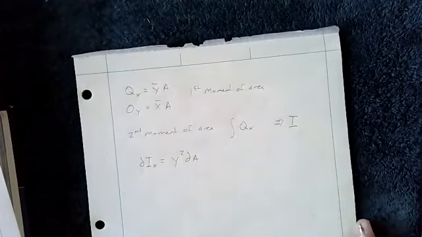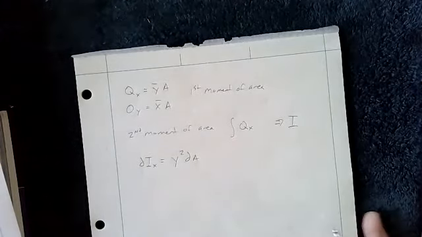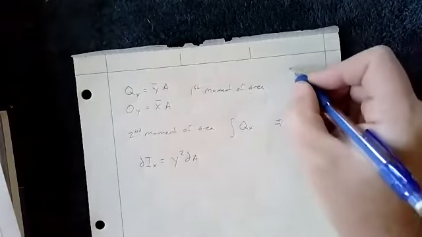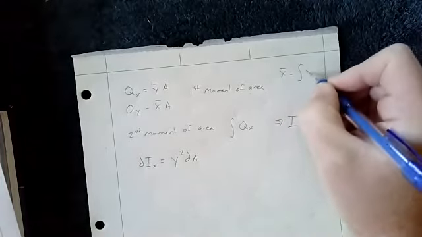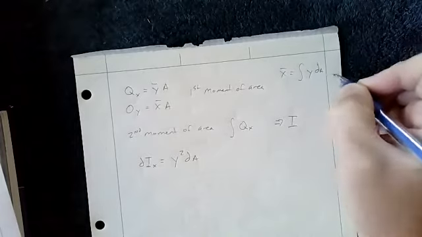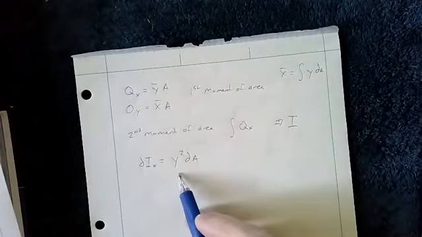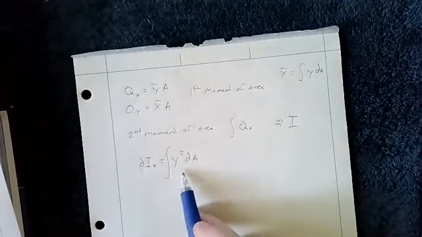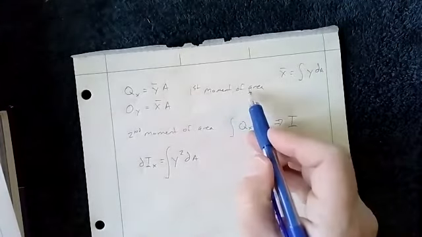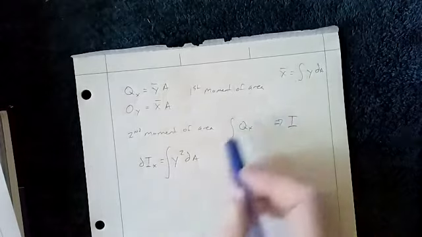You may remember that when we were finding the centroid, y bar was the integral of y dA. Now we have the integral of y squared dA. For the first moment of area, we use this.